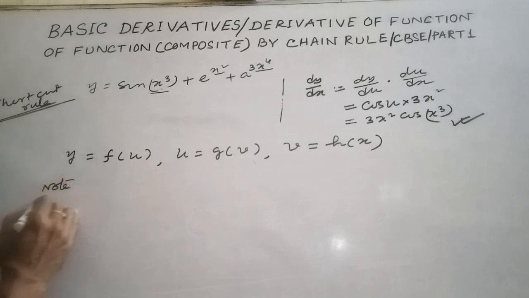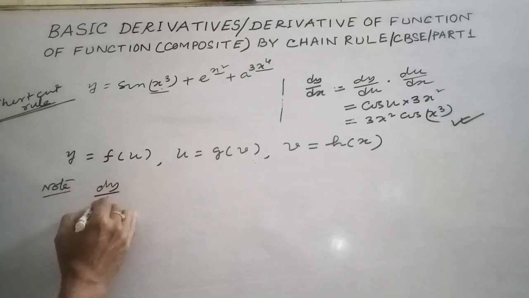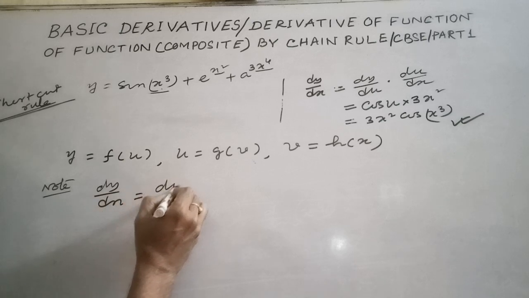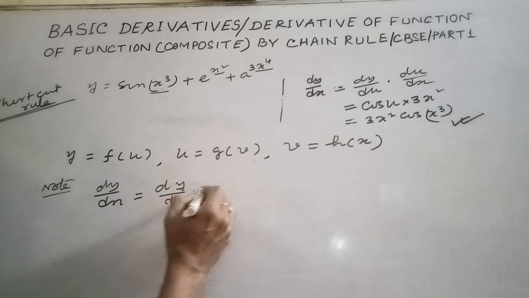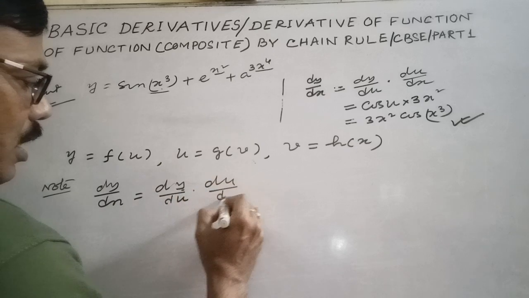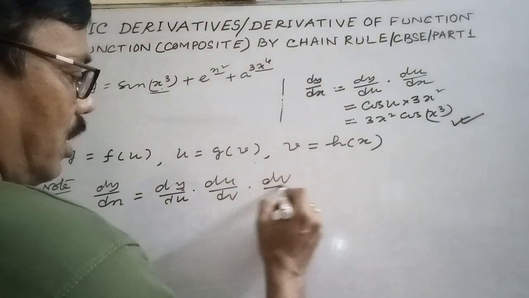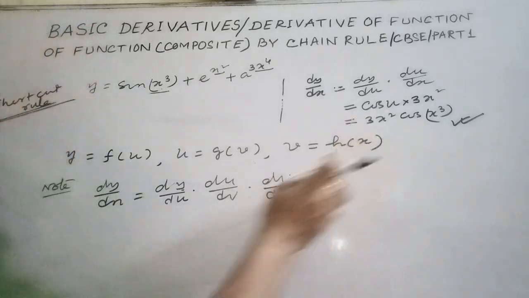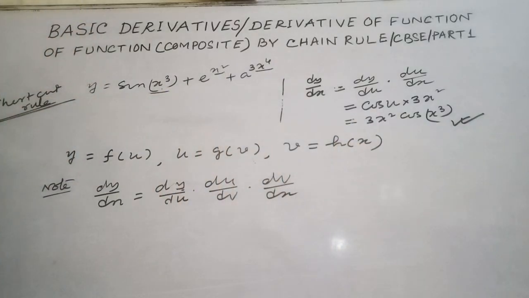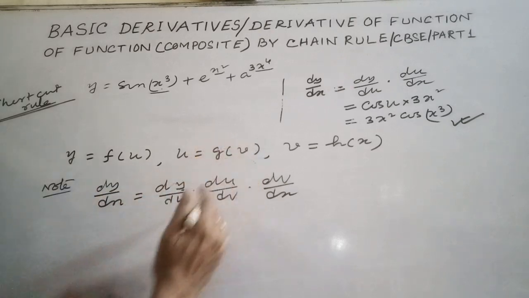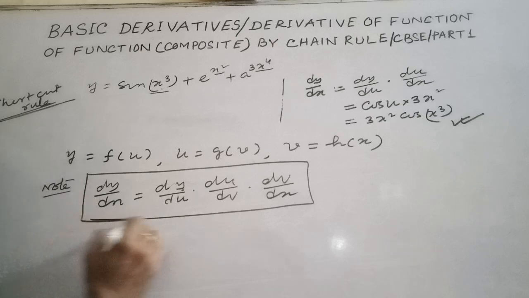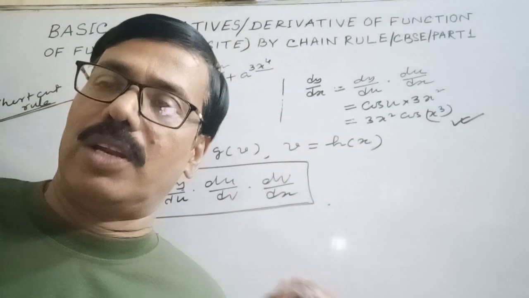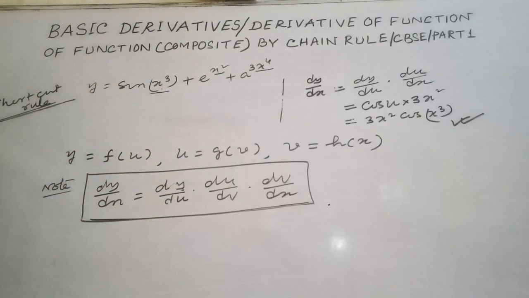Then what is dy/dx? dy/dx equals dy/du into du/dv into dv/dx with respect to x. So the last one must be this one. Look, diagonals are same. So this is an extension of the above rule. For four functions, you can also apply it.